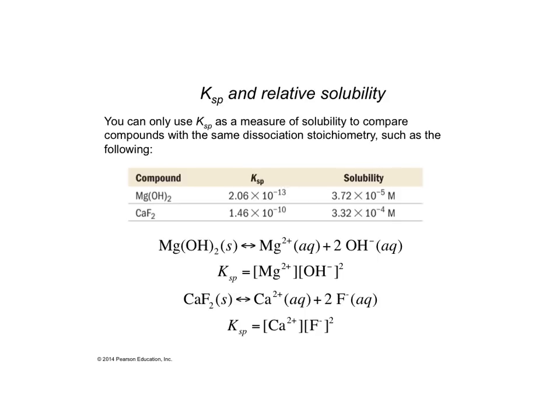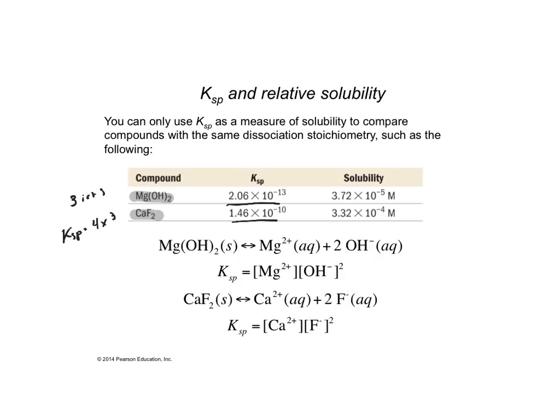So for example, if I took magnesium hydroxide and compared it with something like calcium fluoride, where both of these dissociate into 3 ions, and they would all have KSP expressions of 4x cubed, then we could look at their KSP values and determine who is more and who is least soluble between the two.